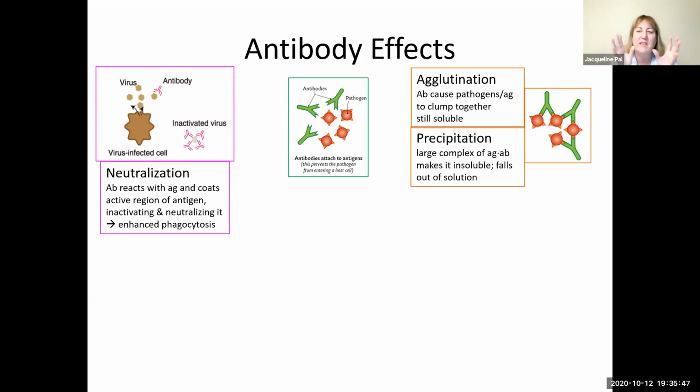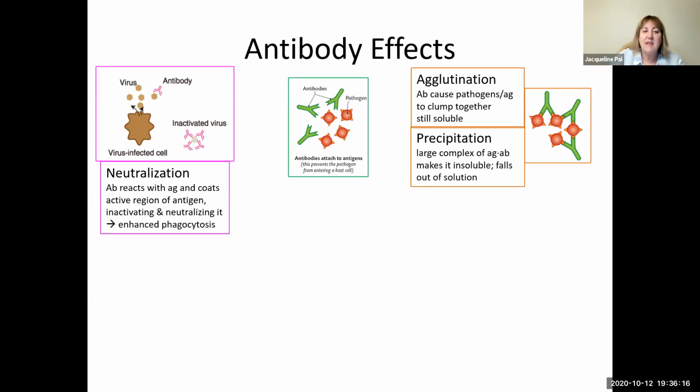No, just whatever the antigenic, the active part is. And by coating that area, that inactivates the antigen, thereby neutralizing it. And another side effect of this is this neutralized antigen then has enhanced phagocytosis because it has all these antibodies on it, which is like putting this little neon light saying, hey, Mr. Macrophage, can you see it now?